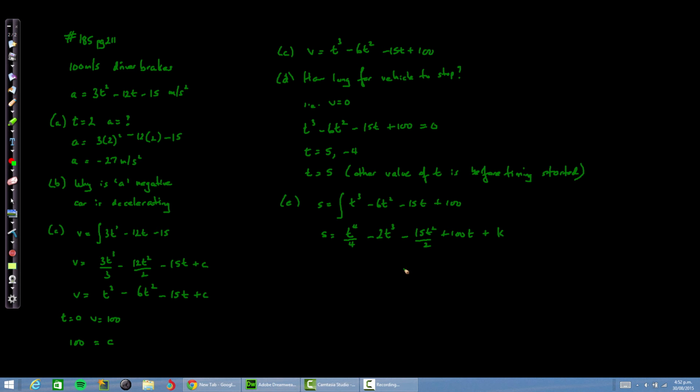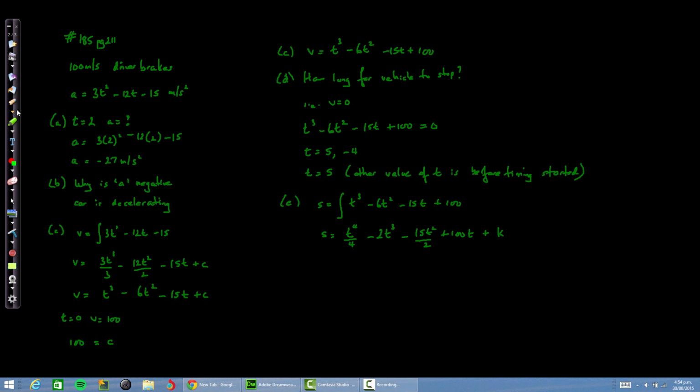It doesn't seem like we've been given any distance information, and at first sight that seems to be true, but let's go back to the description given. Okay, it was the vehicle traveling at 100 meters per second when the driver hit the brakes. So if you think about that, and given that t is the instant that the driver hit the brakes, the car won't have traveled any distance or displacement at that instant when time has first started being recorded.